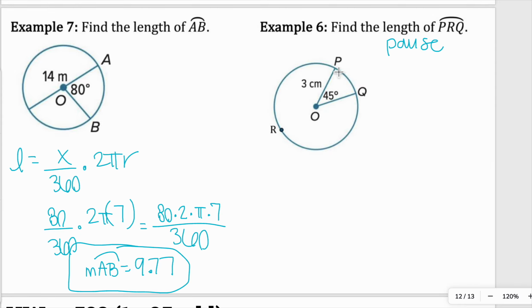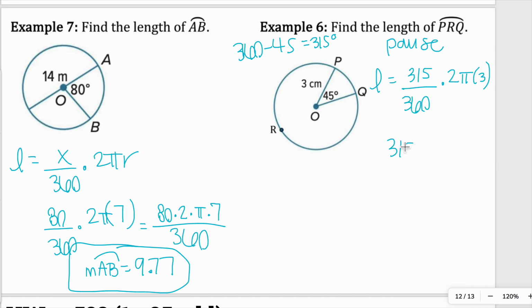All right, length of PRQ, notice that's a major arc, so I want to know first the degrees of that. So I need to do 360 minus 45, and I'm going to get 315. So that's my degrees I'm going to use. So length can be found by doing a fraction of the circle times its circumference, 2 times pi times 3.